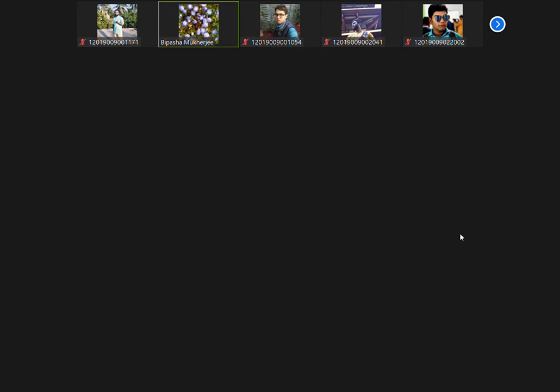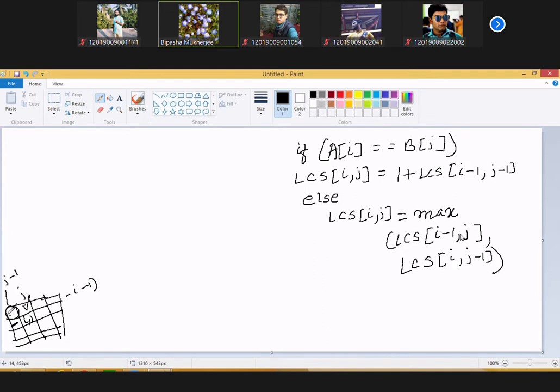Out of these two, if equal, you add with the diagonal element. If not equal, you check whether the upper value or this previous value is more, and take the maximum of that. Fine.